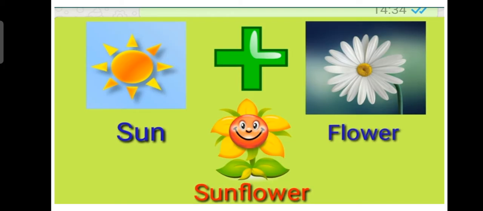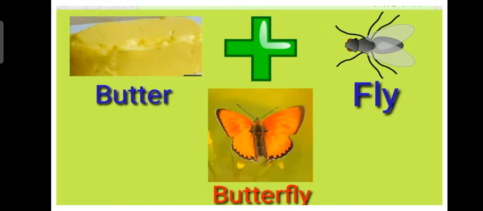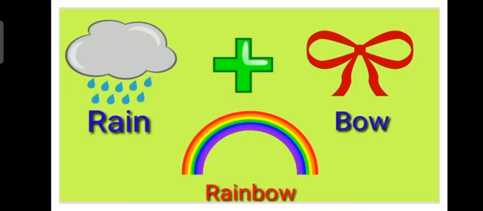Sun plus flower is equal to sunflower. Sea plus horse is equal to seahorse. Butter plus fly is equal to butterfly. Rain plus bow is equal to rainbow. So after we complete the presentation of this, we'll be dealing with the textual part of this question.